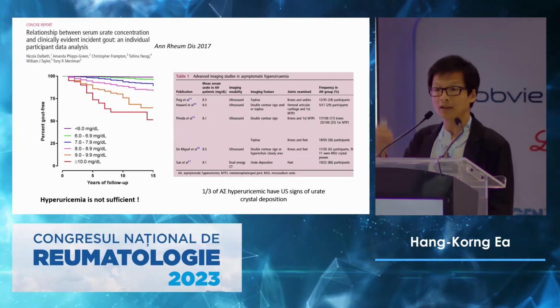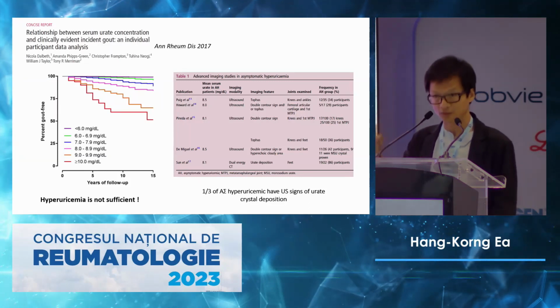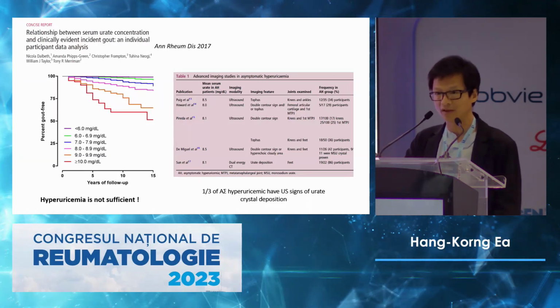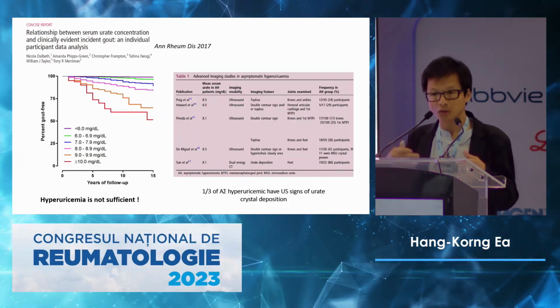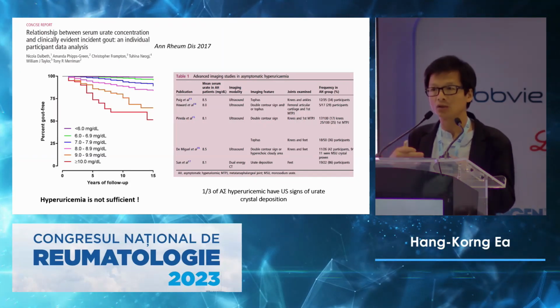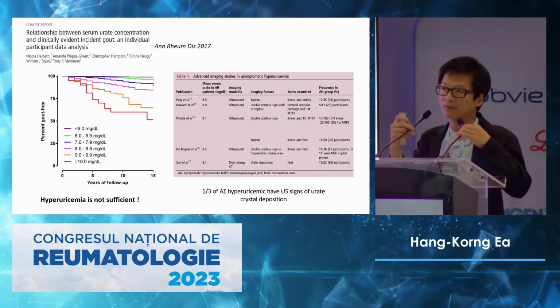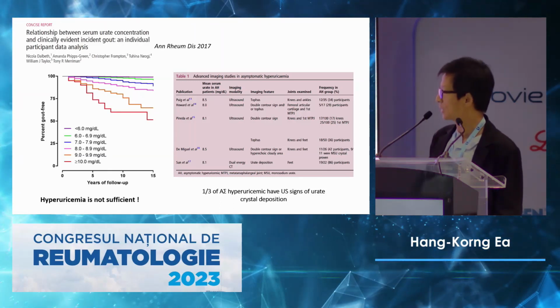So this means that the hyperuricemic level is necessary, but it's not sufficient. So there are other factors that are not yet identified. We know that alteration of the tissue is important, the pH of the tissue is important, and the environment, the temperature, is important for crystallization.